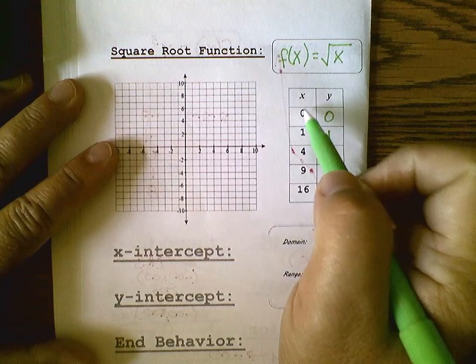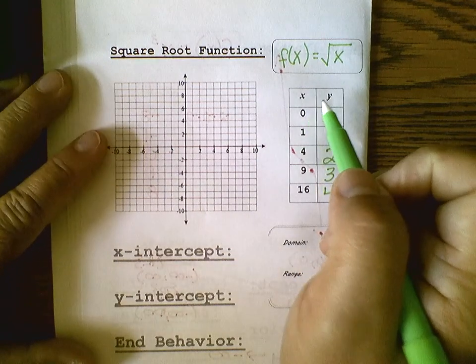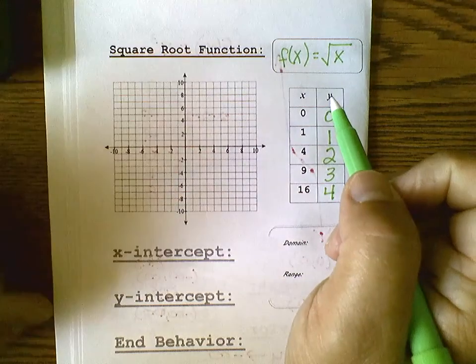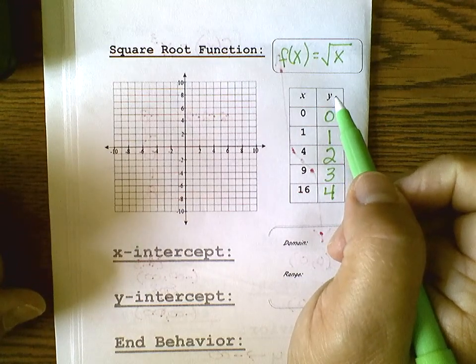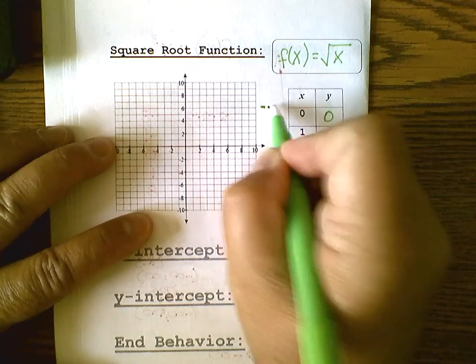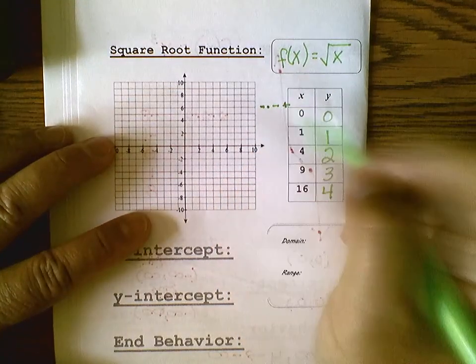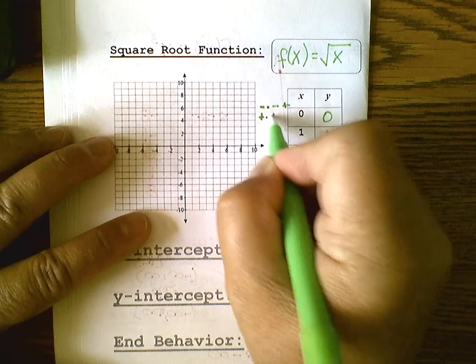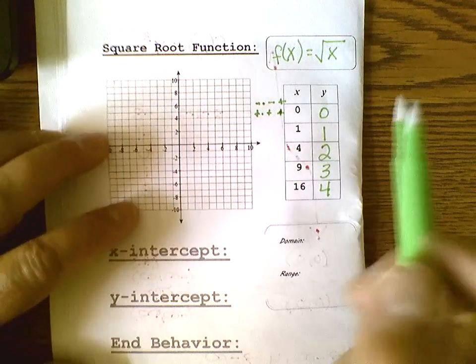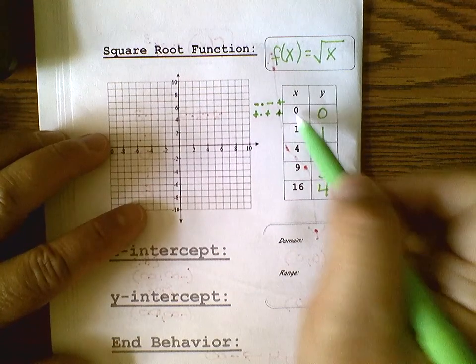Now, how about the square root of negative 1? You have to think, can you square something and get a negative number? If you do a negative times a negative, you get a positive. If you do a positive times a positive, you get a positive. So can we square something and ever get a negative? We can't.